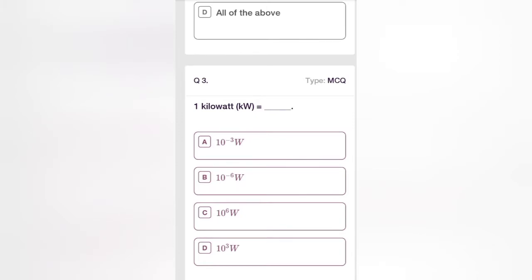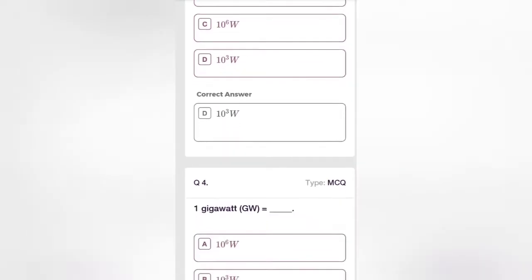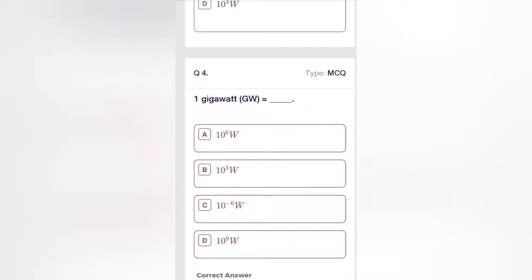1 kilowatt is equal to 10 to the power 3, that is 1000 watt. Option D is the correct answer. 1 gigawatt will be equal to 10 to the power 9 watt.